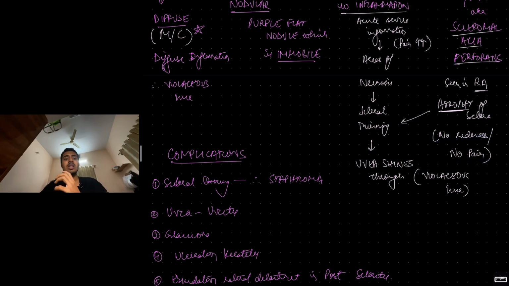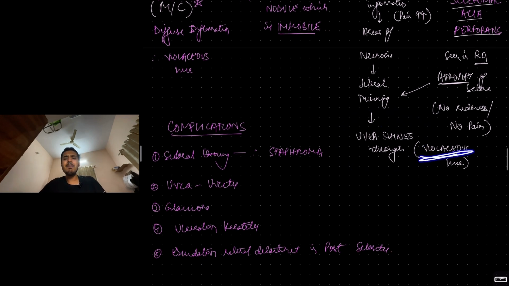But then there is autoimmune destruction, so there is atrophy of the sclera. When the sclera atrophies, it gets thinned out. Again, the uvea shines through. So it is sort of necrosis only, atrophy only. It gets thinned out, the uvea shines through. That is why you have the deep blue violaceous hue. Again, in scleromalacia perforans also, you will have a full bluish hue in the sclera.